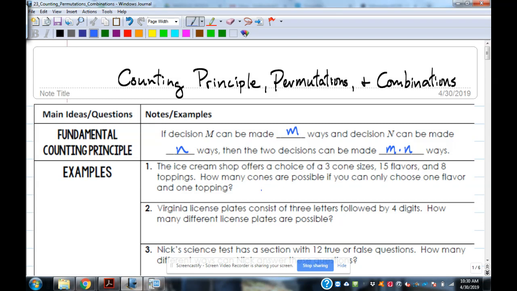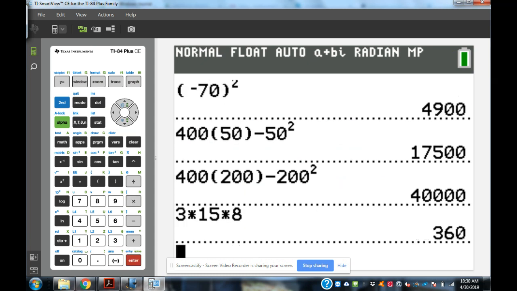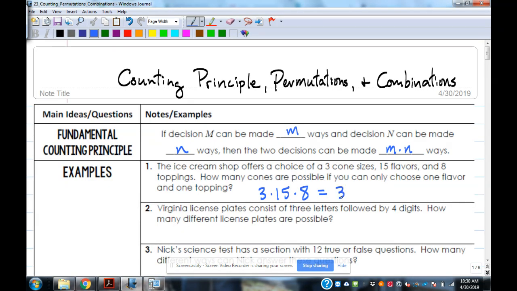All right, so 3 cones, 15 different flavors of ice cream, 8 different toppings. We just multiply all 3 of those together. 3 times 15 times 8 is 360 different ways to make a cone if you can only choose 1 of each.